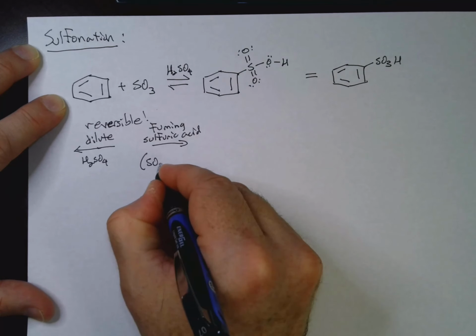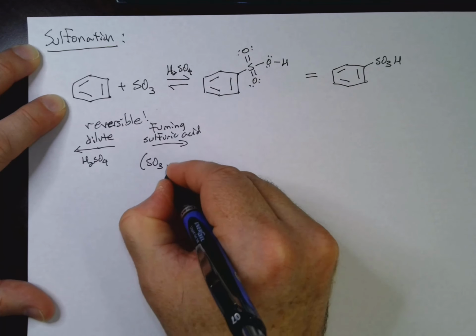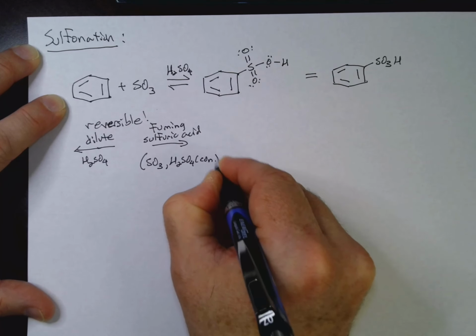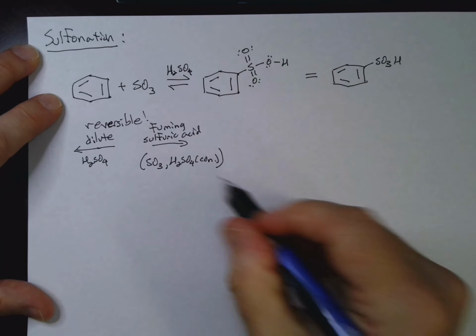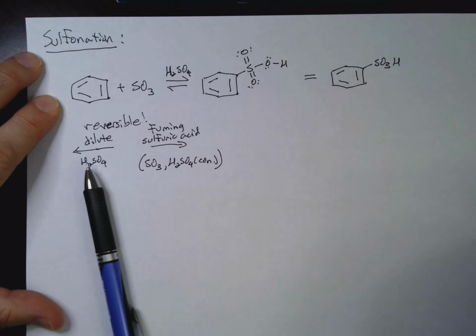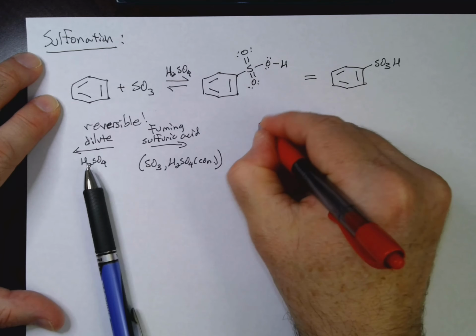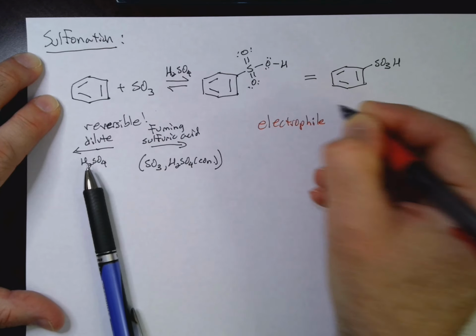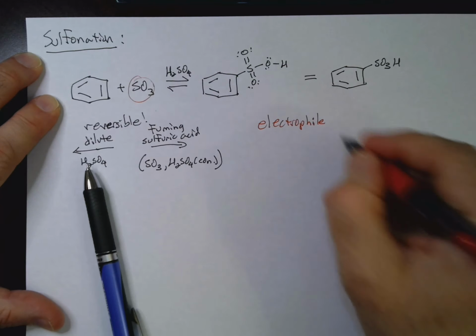Well, that's SO3, sulfur trioxide gas, and H2SO4, which is concentrated. So essentially you've bubbled SO3 gas into concentrated H2SO4. And our electrophile here is actually SO3.